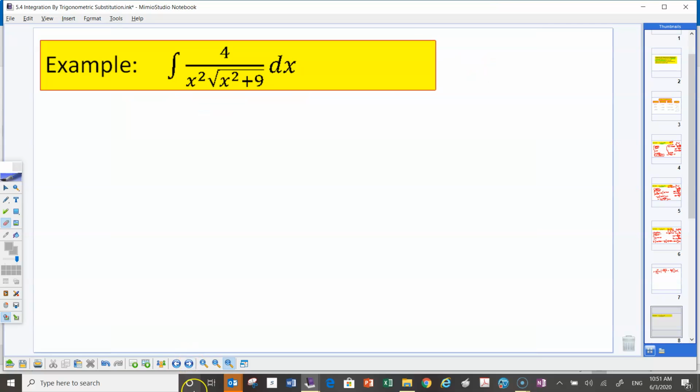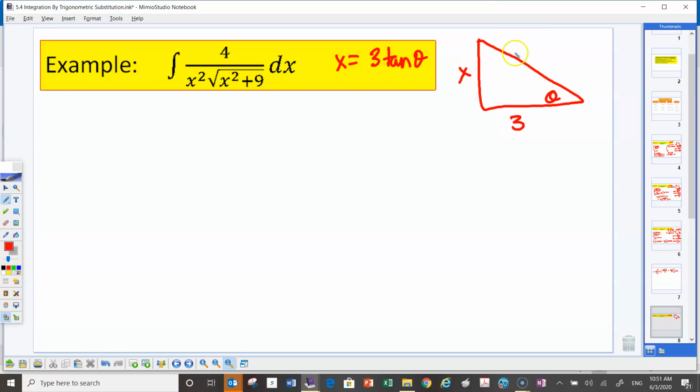Okay, let's take a look at the next one. So this one again follows the pattern of a squared plus x squared. So therefore x in this particular case is going to be 3 tan theta. So again, according to my diagram, there's theta. Tan of theta would be x over 3.